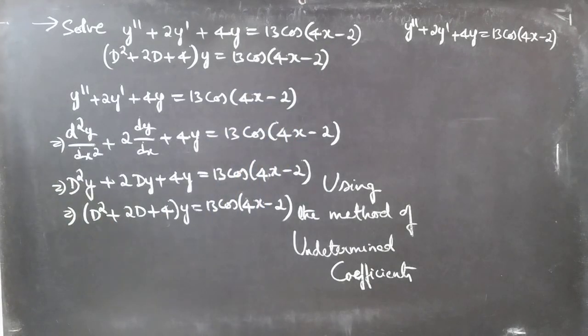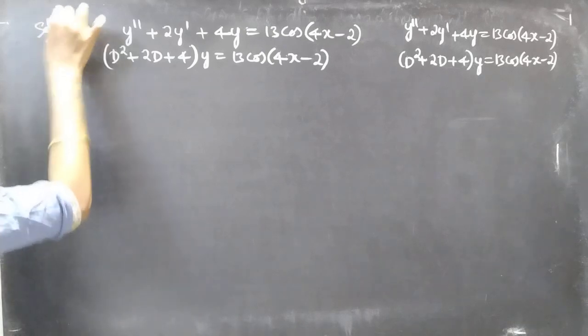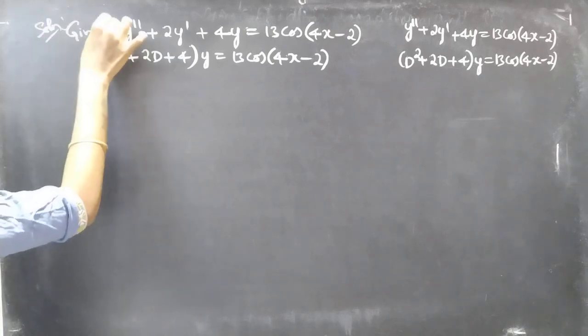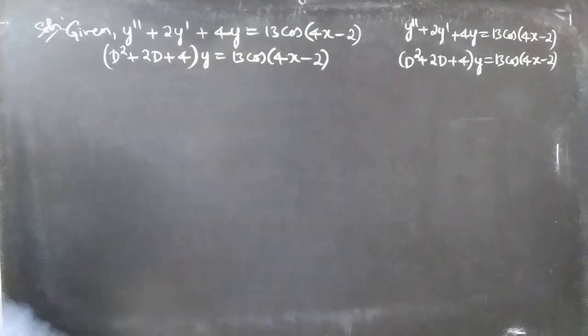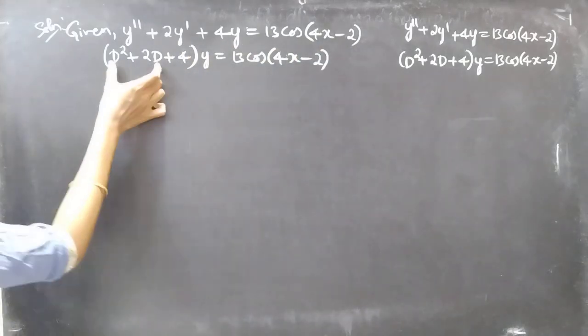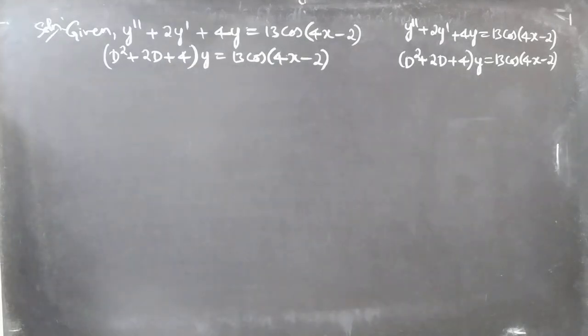Now coming to the problem. Given y double dash plus 2y dash plus 4y equal to 13 cos of 4x minus 2, or D square plus 2D plus 4 into y equal to 13 cos of 4x minus 2.